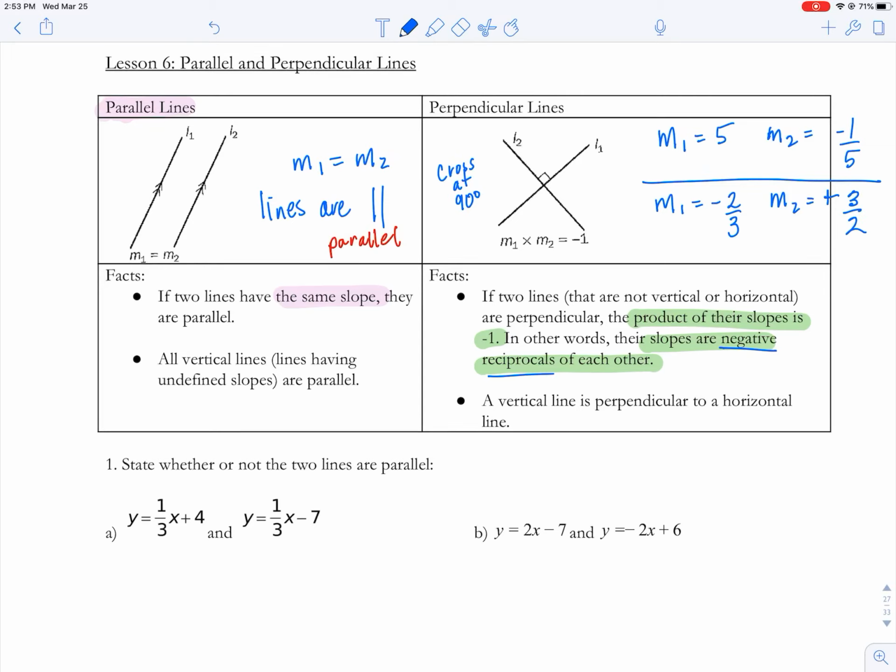And then the short form for this, we're going to write it as lines are, using an upside down T. This is the symbol that means perpendicular. So we're going to use the fancy upside down T as the symbol for perpendicular.